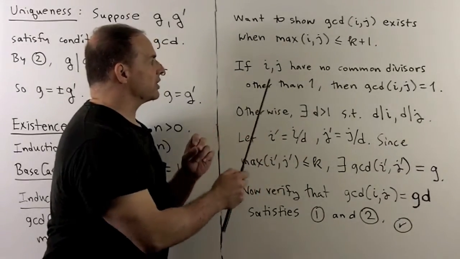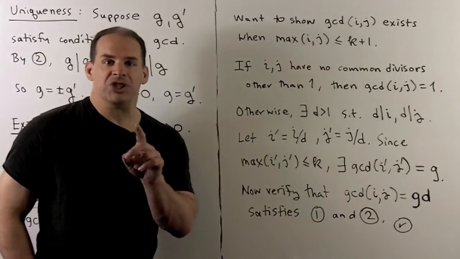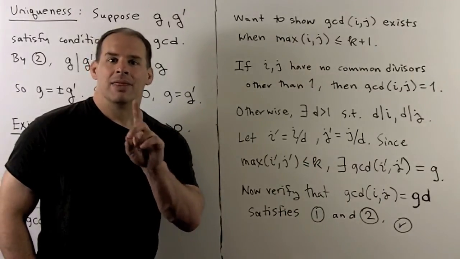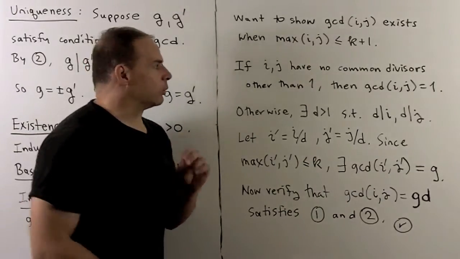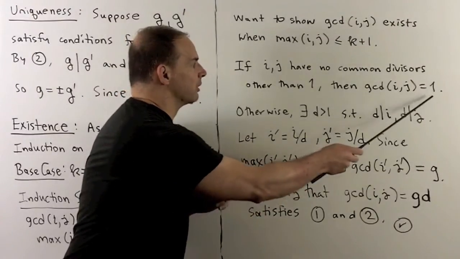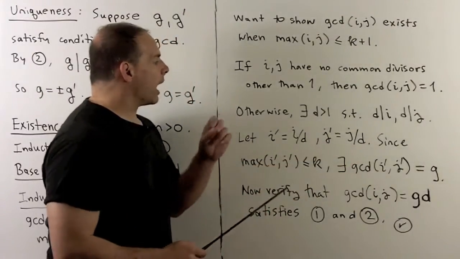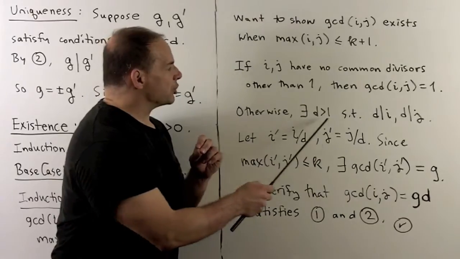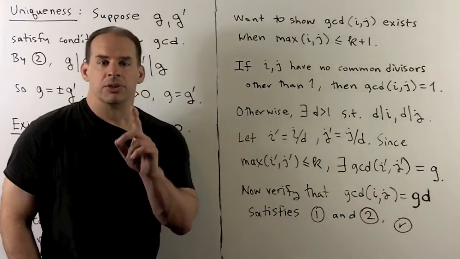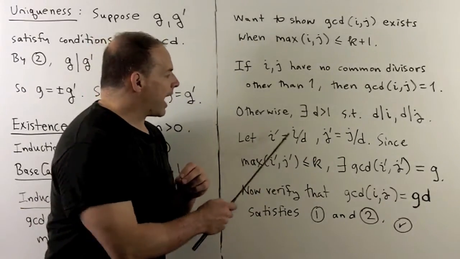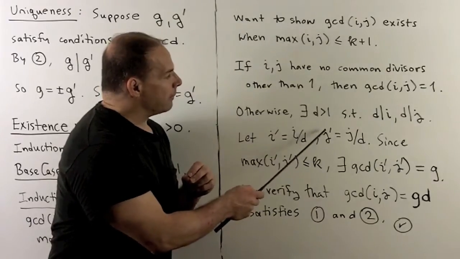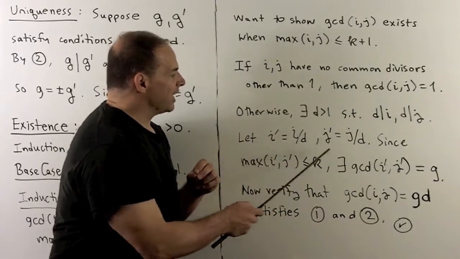Then we have two cases. If i and j have no common divisors, then their greatest common divisor is equal to 1, and then we're finished. Otherwise, there's some divisor d greater than 1. So I'll have i prime equal to i divided by d, and j prime equal to j over d, given as integers.